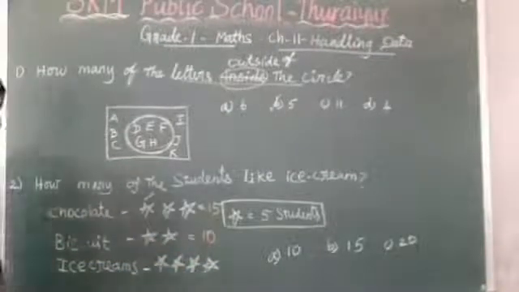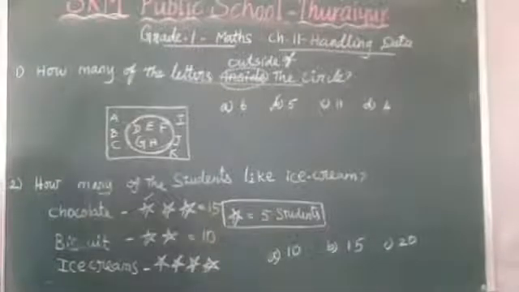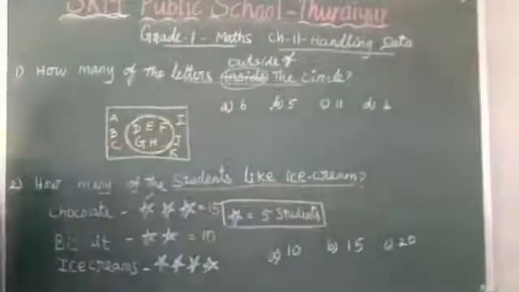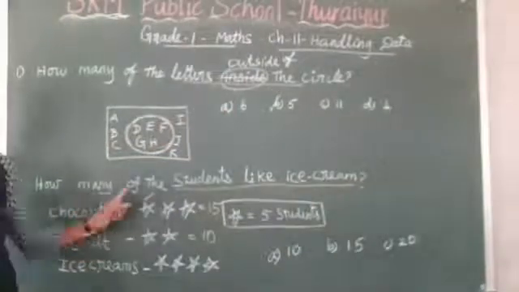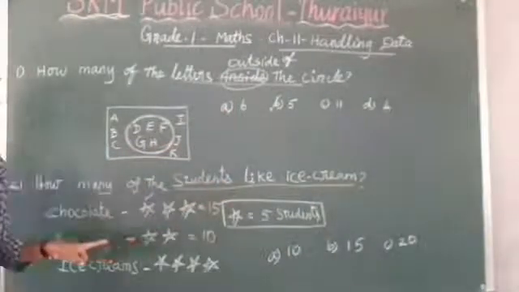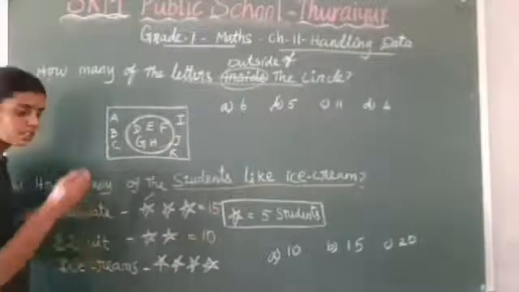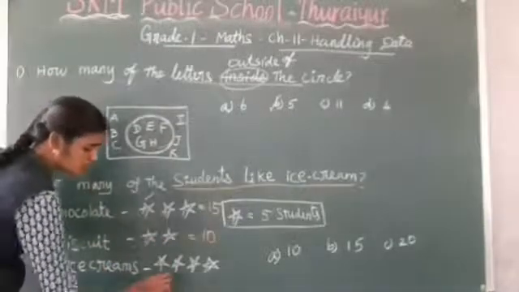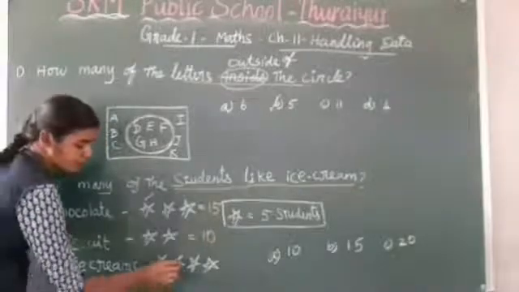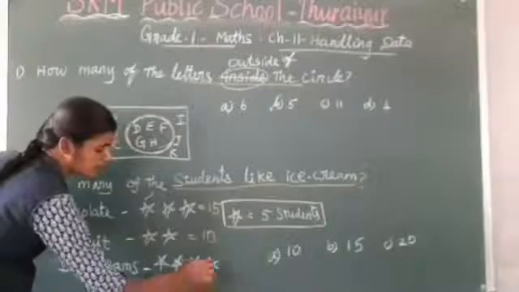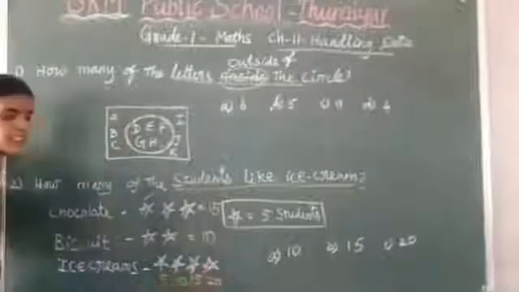Okay, come to the third one, ice cream. This is the question: how many of the students like ice cream? Here, 5. You just write below these stars: 5, 5 plus 5, 10, 10 plus 5, 15, 15 plus 5, 20.